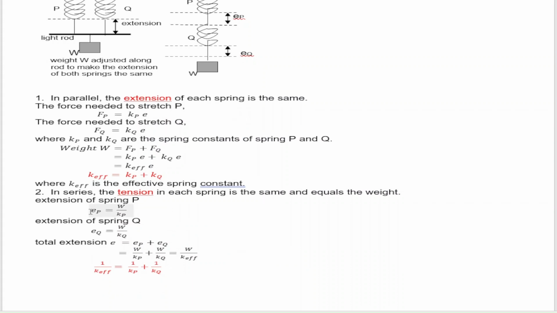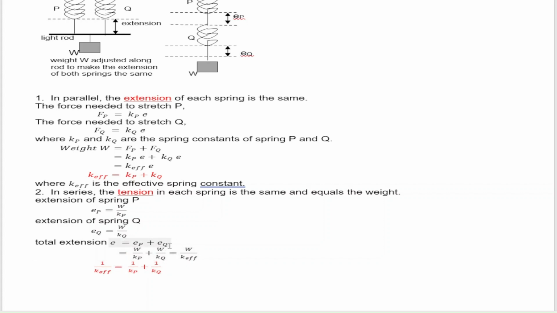When we've got springs in series, the tension in each of the springs is the same and equals the weight. So you're going to say the extension of P is equal to W, which is the weight, over kp, the spring constant of P. Then extension of Q is equal to W over kq, the spring constant of Q. So E will be equal to Ep plus Eq, and we know that E is equal to the weight over k effective.